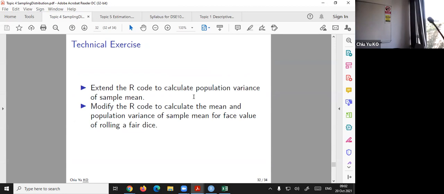Actually, we have done it. Maybe I let you try to work on this one. Modify the code. Maybe that's fine, just don't bother.